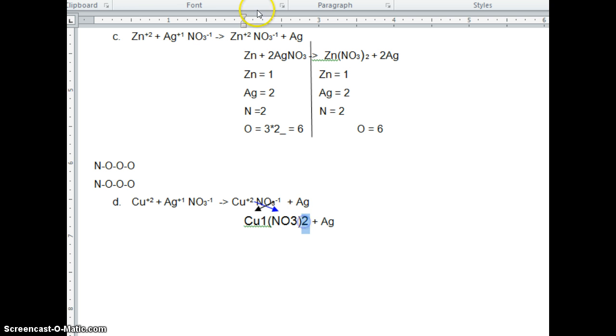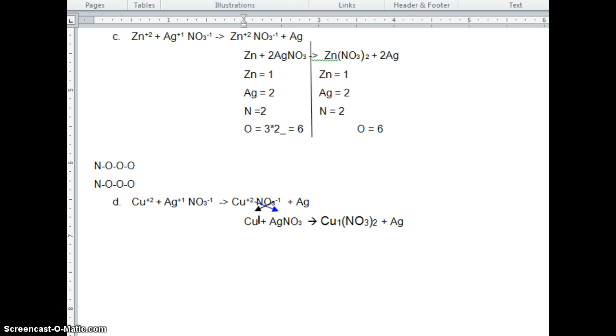We have to add our parentheses to show that there's 2 copies, like up here, 2 copies of NO3. All right, so now we want to go and write the rest of our chemical equation here before we can balance it. And why do we balance? To have the same number of each element on both sides.